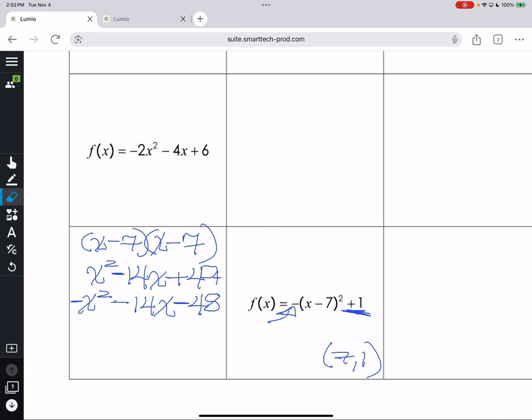I went ahead and gave the answer, minus 49. And then you're going to add 1. I'm sorry about that. We took the negative for that negative a. So that was multiplication. Then we're going to add 1. So what does that make? Instead of negative 49, it's going to be negative 48.